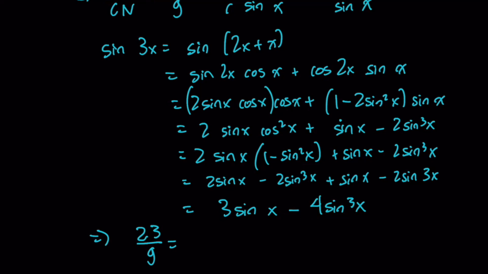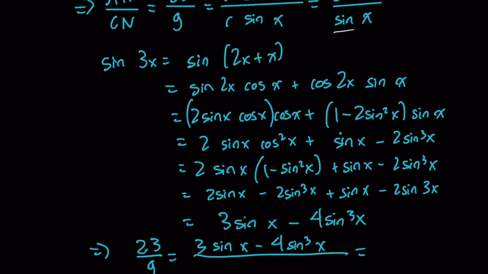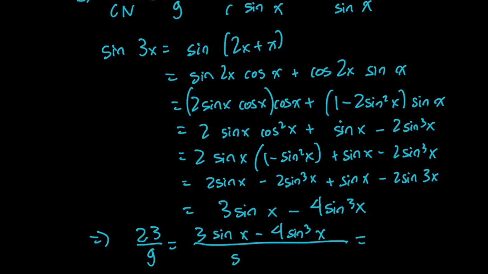We put in this one, (3 sine x minus 4 sine cubed x) divided by sine x. Now if you see sine x and sine cubed x, I can cancel them to be 3 minus 4 sine squared x.